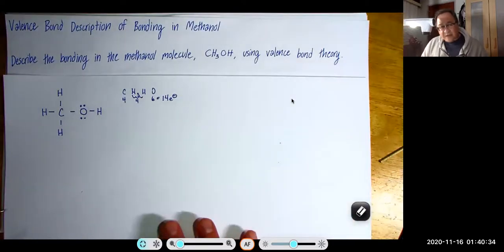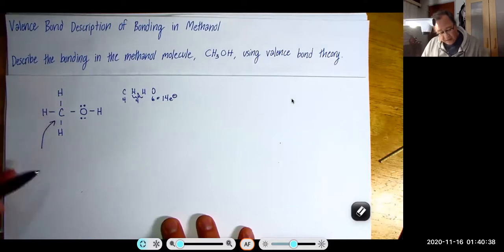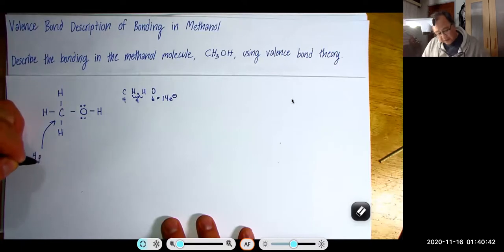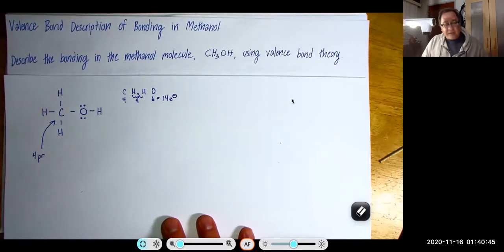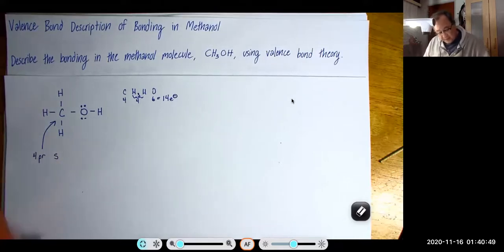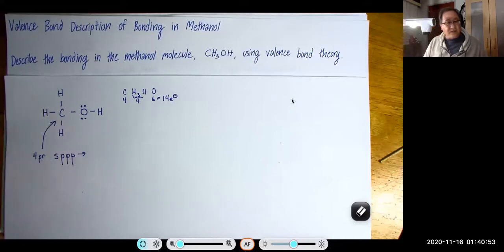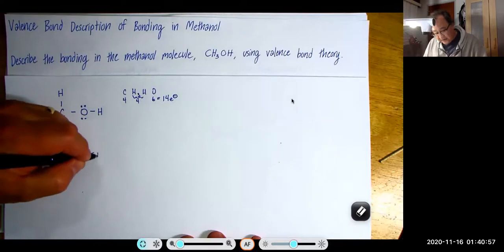So let's identify the hybridization on each of these. How many pairs are on that carbon? 4 pairs. So what's the hybridization going to be? We have to hybridize 4 orbitals, an s, a p, a p, and a p. And when you put that all together, we don't say sppp, you say sp3.